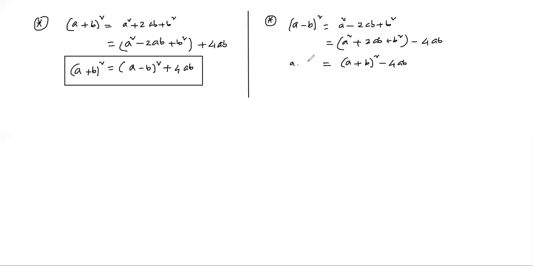In fact, from the previous one you can generate this just by shifting 4ab to this side. This also is a way, but I did not do that. I have just independently explained that this can be developed like this also. So you have got these two very, very important deductions. Please remember this.